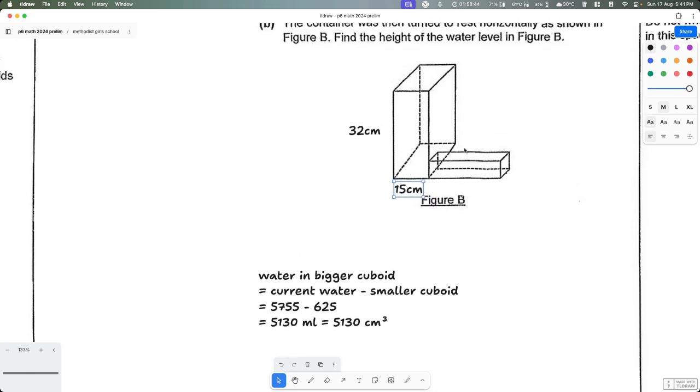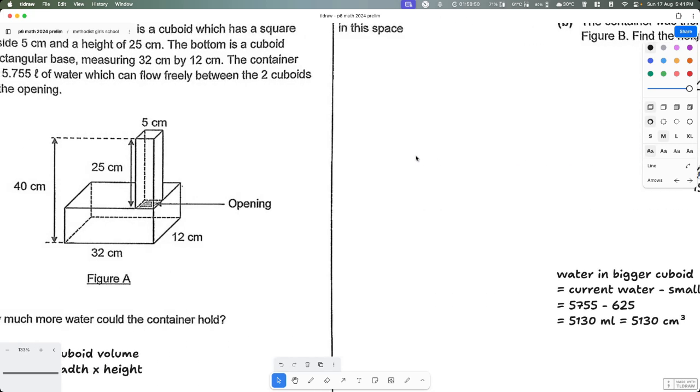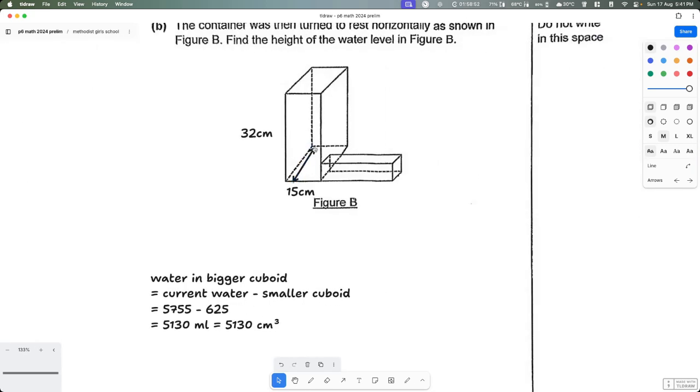And then the breadth over here, let's make an arrow. This breadth is 12 cm. Okay, I don't know how to put it, but I'll just put 12 cm here.